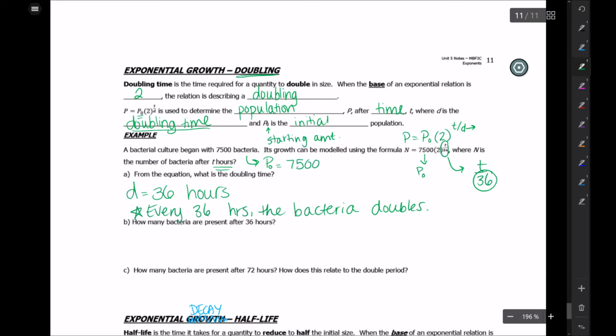Okay, so then it says how many bacteria are present after 36 hours. So we're going to use the formula that they gave us. So the equation that they gave us is n equals 7,500 times 2 to the power of T over 36. But here we know that we want T to be 36.